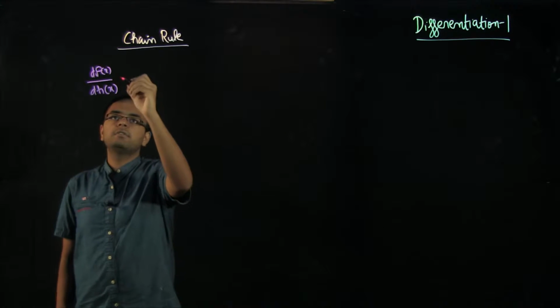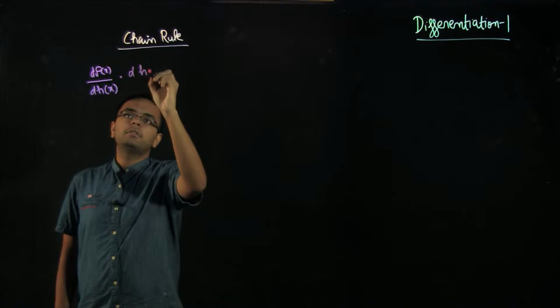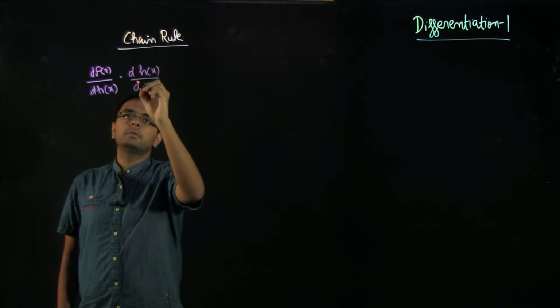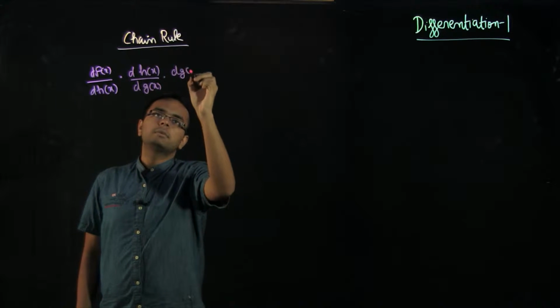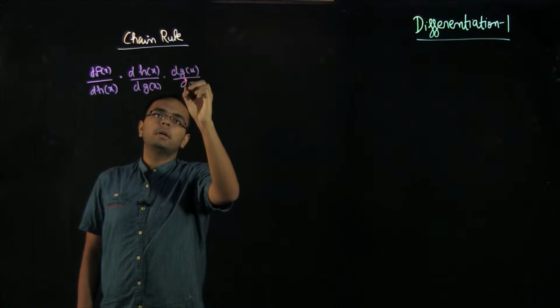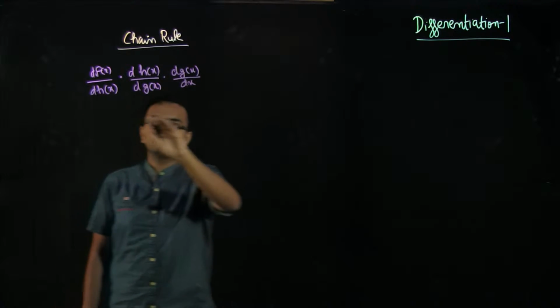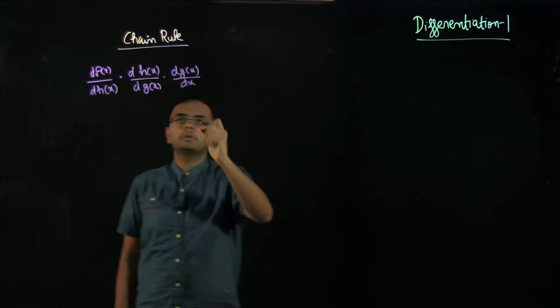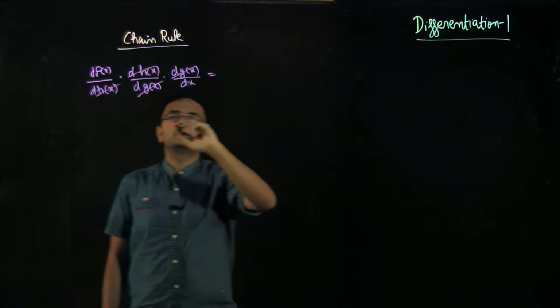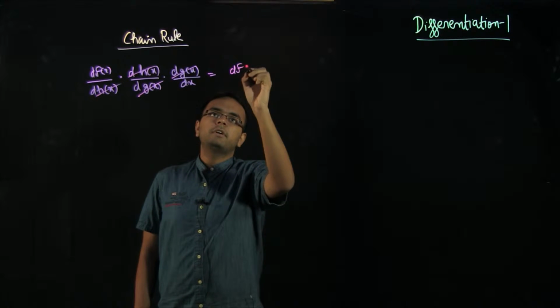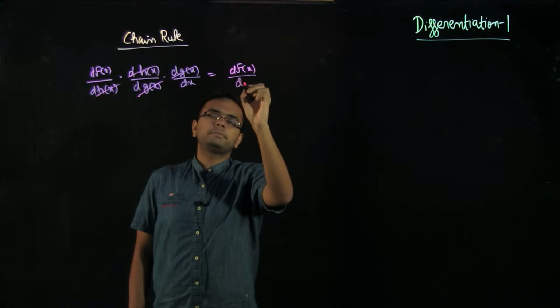But chain rule says that if you have something like this, into d h(x) by d g(x), into d g(x) by d x, currently I am writing 3 terms, you can have more terms, then you can cancel this out and you can write this is equal to d f(x) by d x.